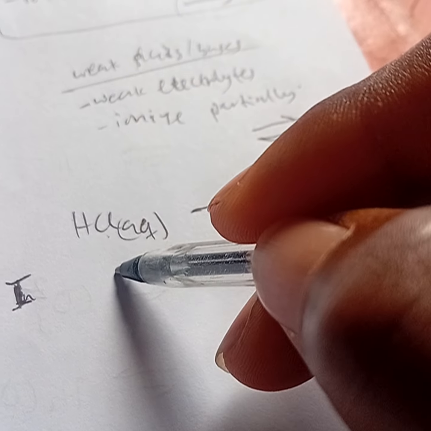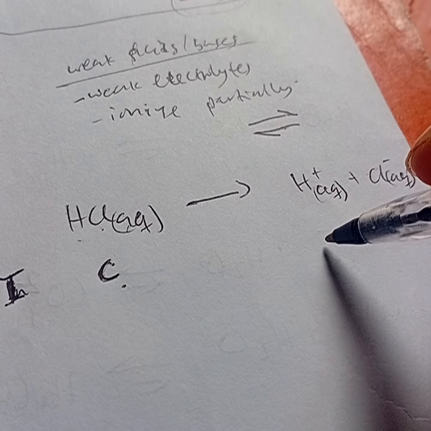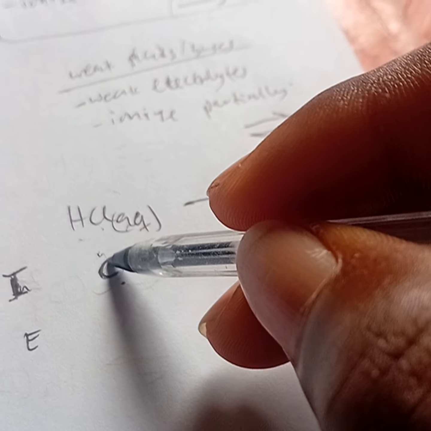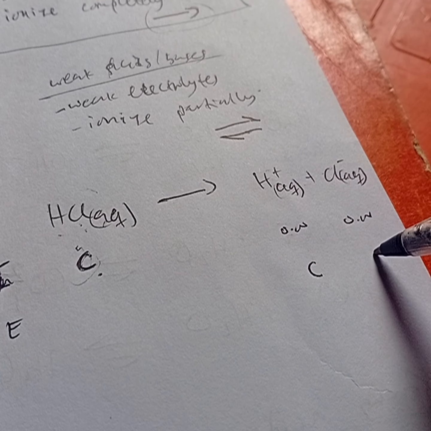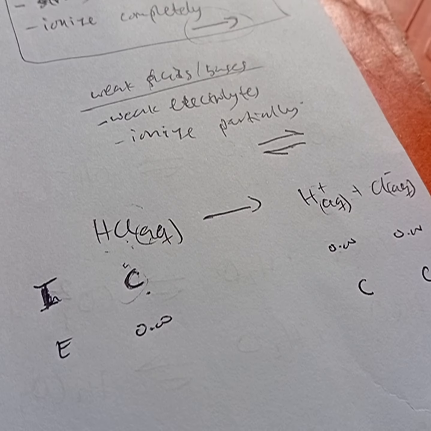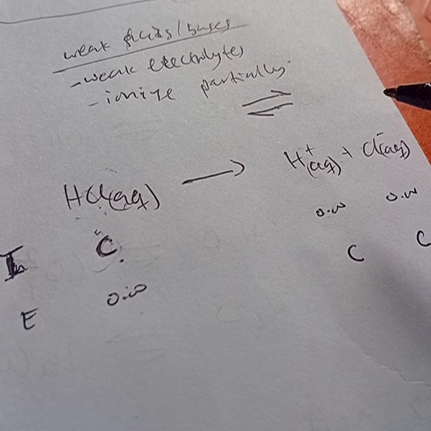Initially, I had a particular concentration of the acid, C. Nothing had happened. Then finally, all of this went to the product side. So everything here is C, and here becomes 0.00, because C minus C is 0.